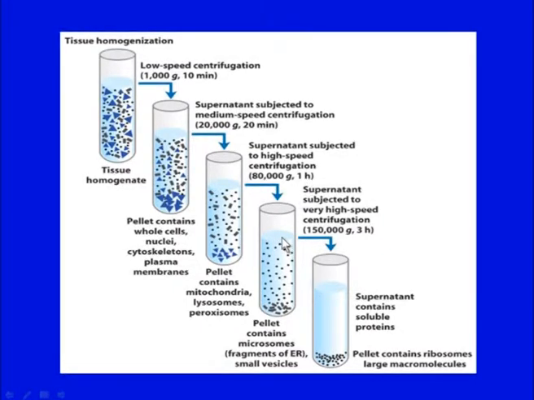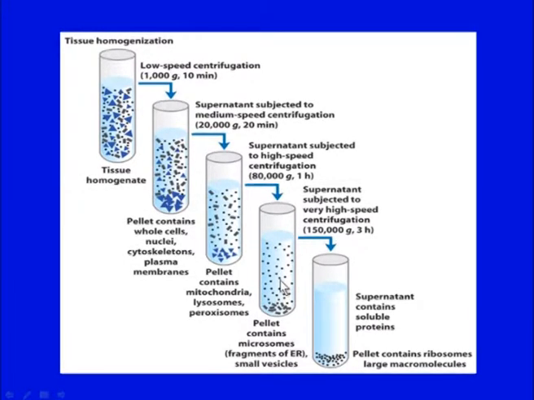Now, you can see that for larger molecules you require low G force as well as less time, but as you go through these steps, the smaller molecules require higher G force as well as more time for centrifugation. So, again you get pellets which contain microsomes, fragments of ER, small vesicles etcetera, and again this could be purified.